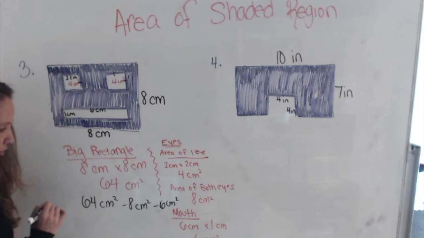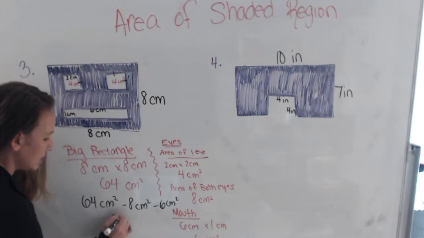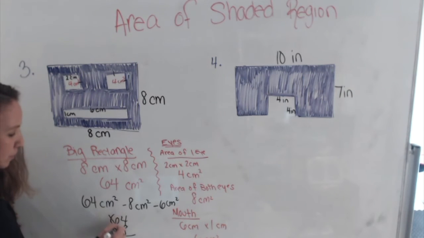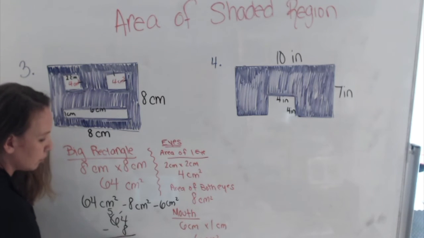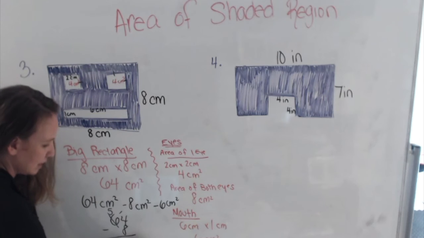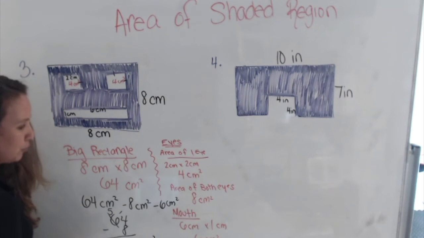Whoops, I went into the other part. So we have to do 64 minus 8. I need to borrow from the 6, make that a 5, make that 14, giving me 6. 5 minus 0 is 5, so 56 centimeters squared, just for removing the eyes.